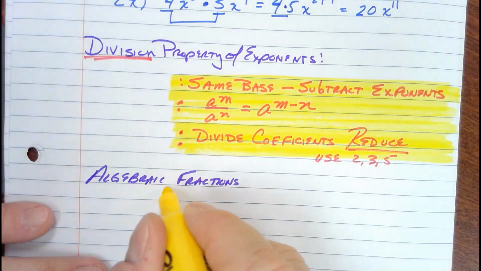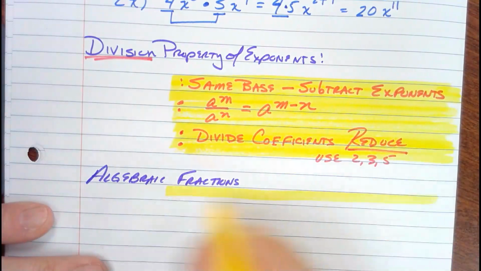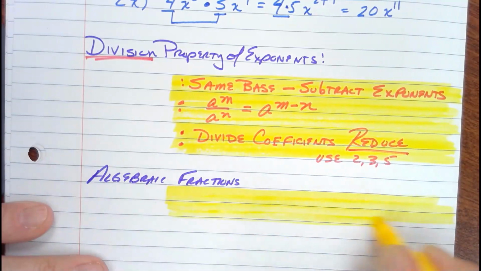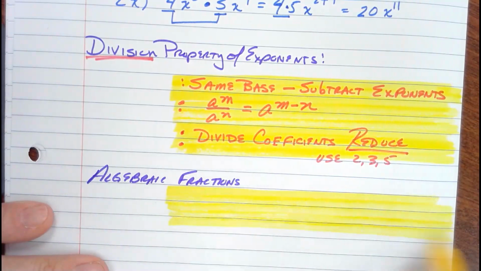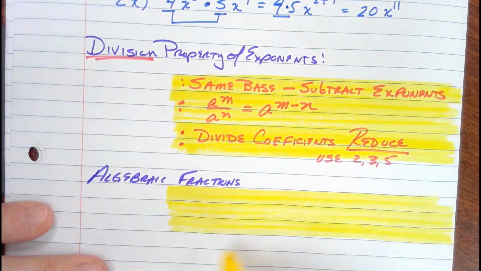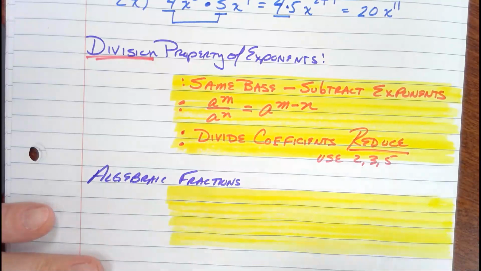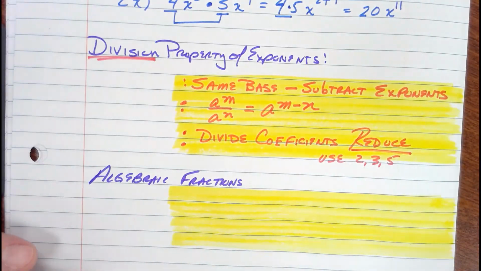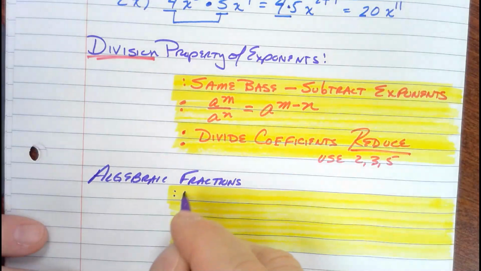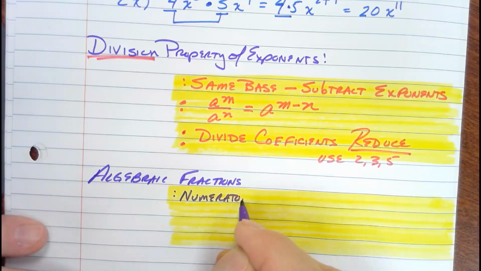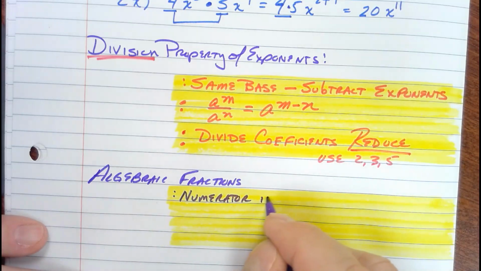It's a fraction, but what makes it algebraic is that it has variables and coefficients and exponents all in there. So there's some very important things that we have to realize, that the numerator is a problem by itself.